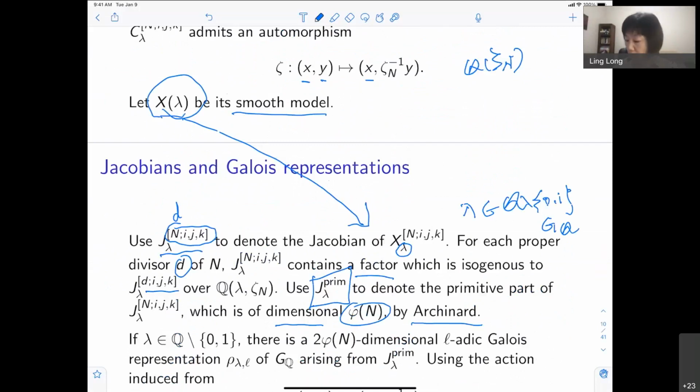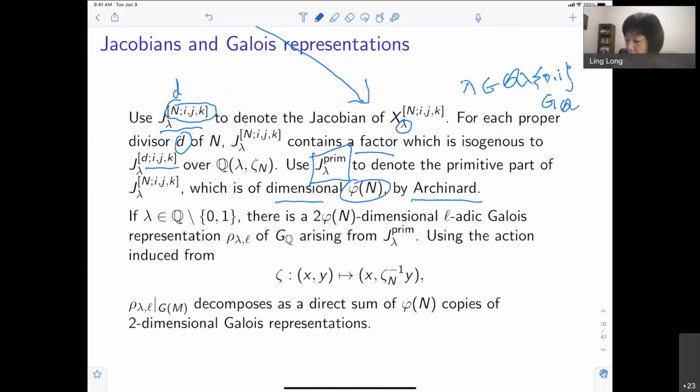The primitive part still gives you pretty much 2 times the corresponding dimension, a Galois representation for G_Q. So I have a big chunk of Galois representation, but it's for a bigger group. The automorphism on the curve can induce the same kind of automorphism of the same order on the primitive part of the Jacobian. Then we can use this action to decompose my big Galois representation into pieces of the same dimension.